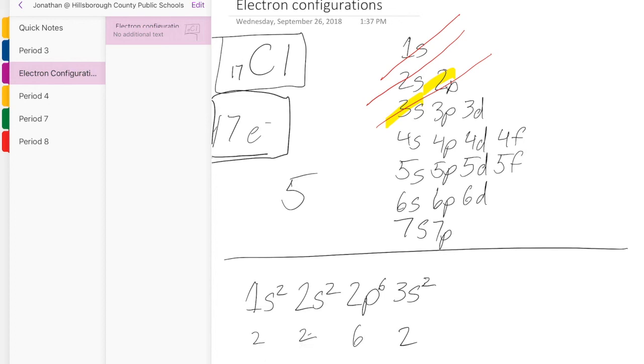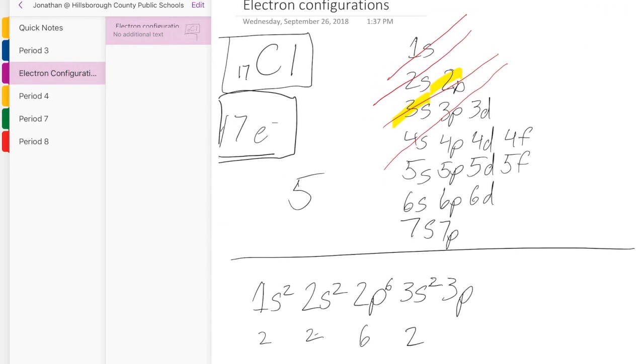Now, since we've done 3s, we need to go down to the next line, which is 3p. So let's write down 3p since that's the next one. If we remember from our previous section with 2p6, we can fit 6 electrons in total per p set of orbitals.